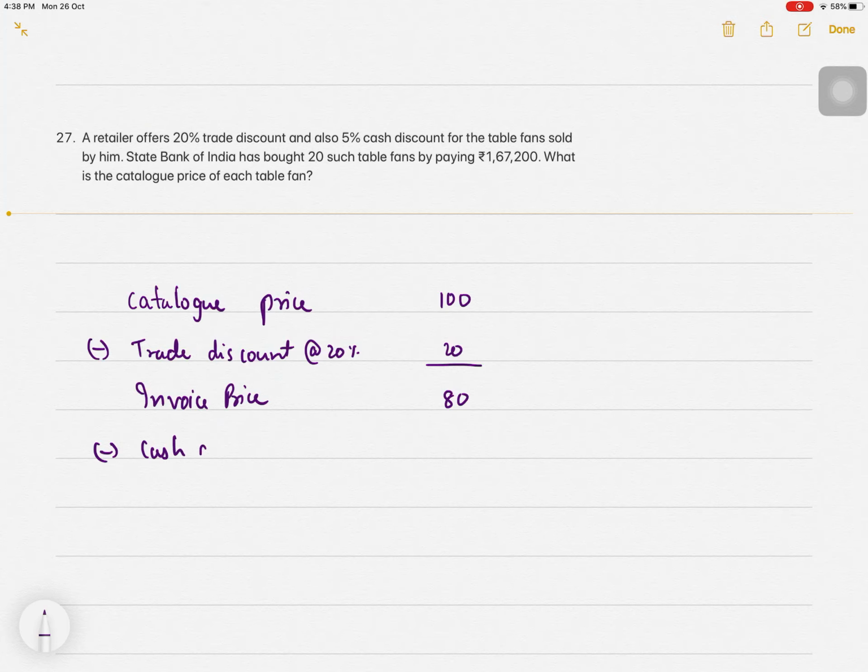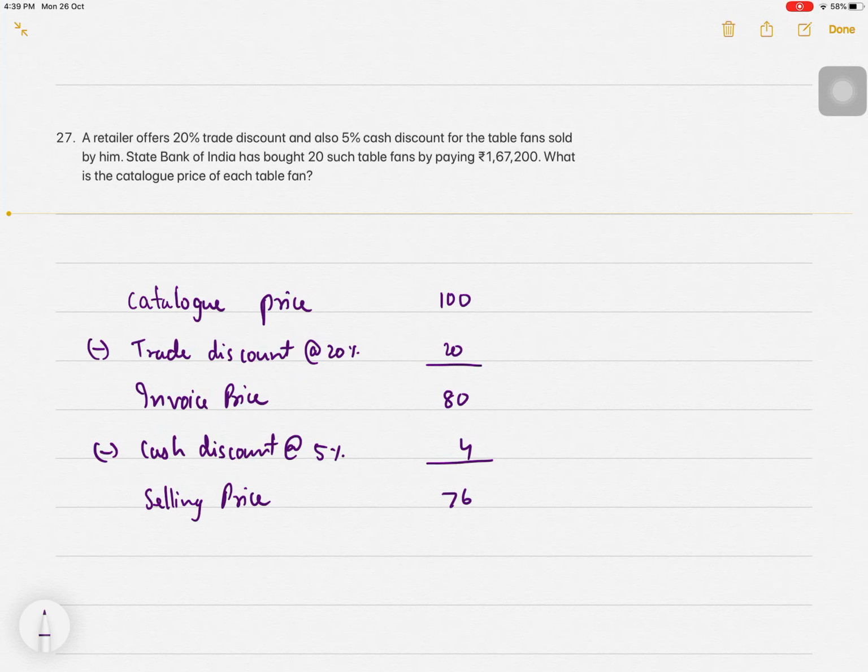Less cash discount is at the rate 5%, so 80 into 5% will be 4, so 76 will be my selling price, right? So the retailer offers 20% trade discount and also 5% cash discount for the table fans sold by him.